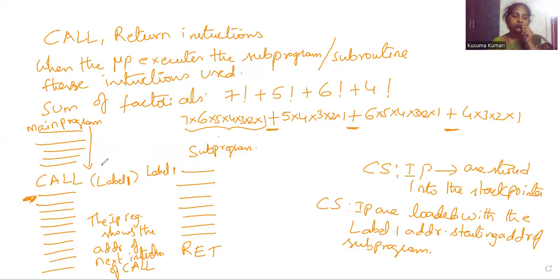When the CS and IP point to the starting address of the subprogram, the microprocessor execution jumps from the main program to the subprogram, and here the subprogram instructions are sequentially executed.